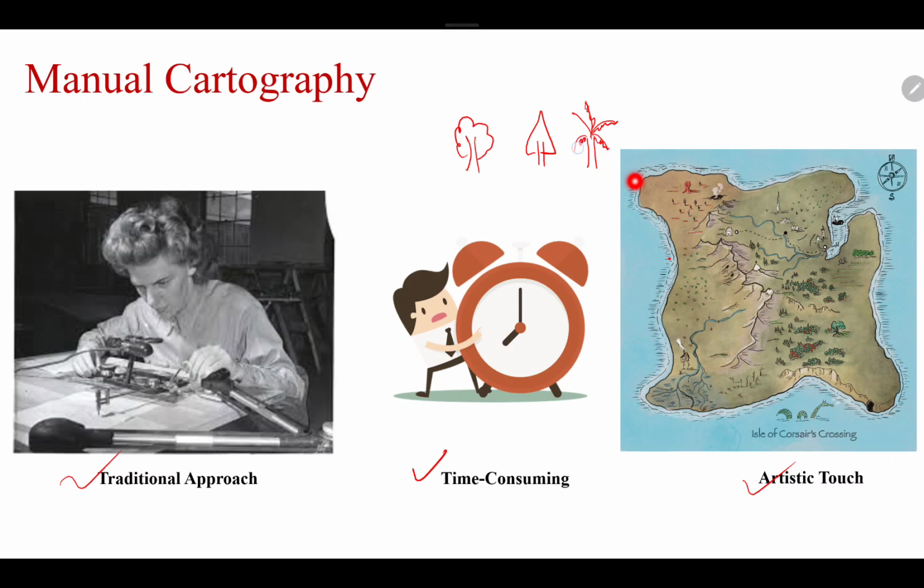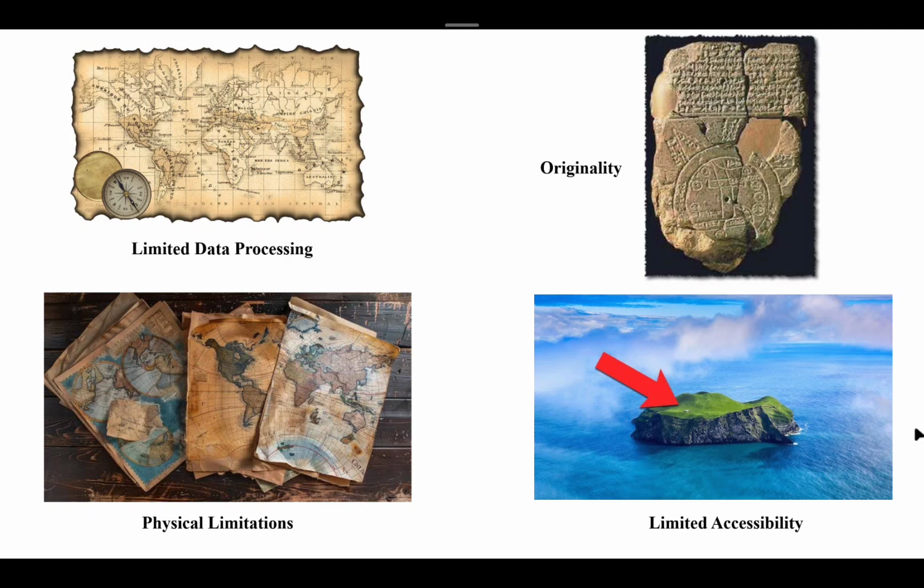So all I said was make a tree. They have chosen to make their own type of tree. So this is artistic touch, explained very simply, where everybody uses their own imagination and originality, and are able to express differently, uniquely.